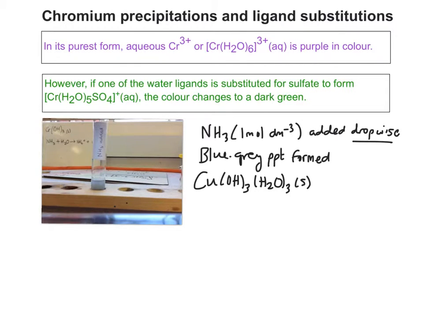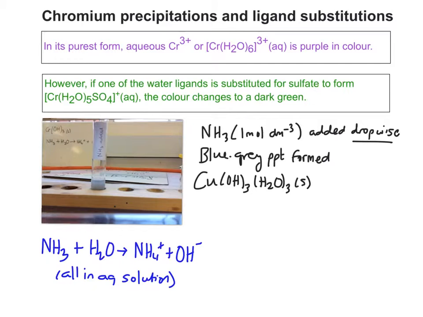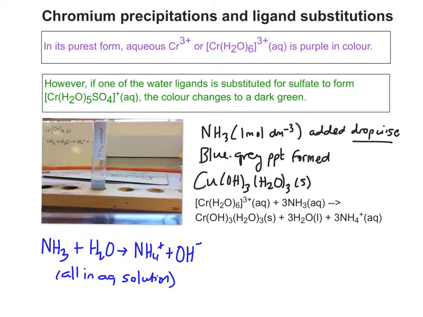So what's taking place? When ammonia comes into contact with water, it forms the NH4+ ammonium ion and also the OH- ion. It's the OH- ion which is substituting, not ammonia at this particular point. So the overall equation can be written like that. So you can see clearly that 3 H2Os have been removed.